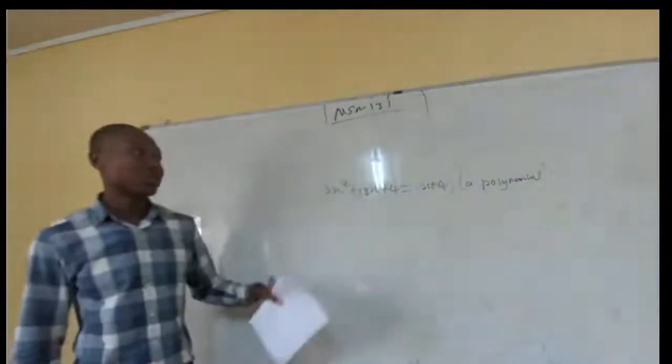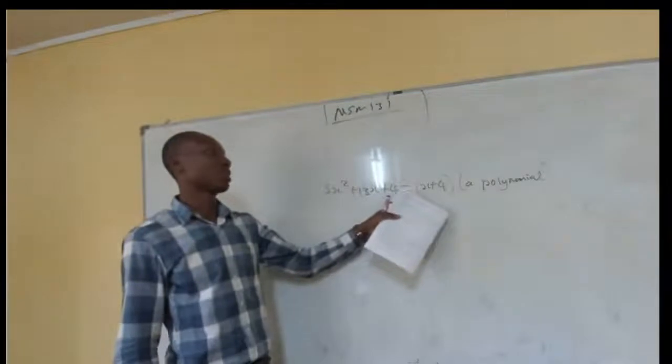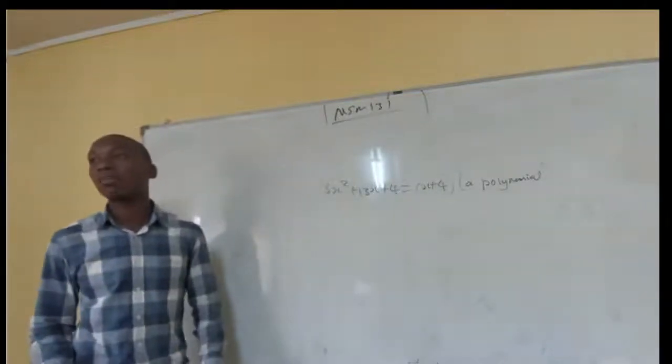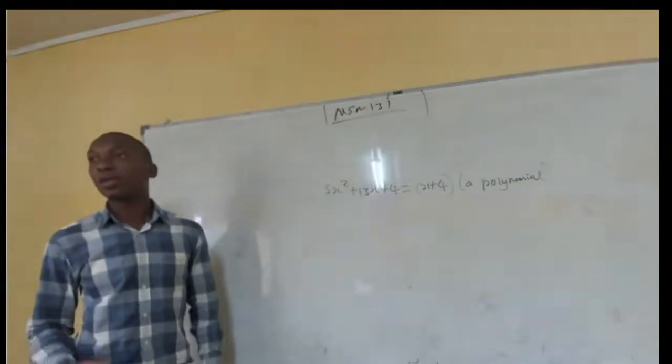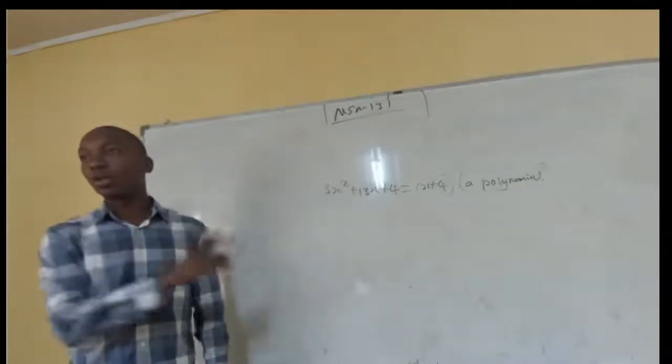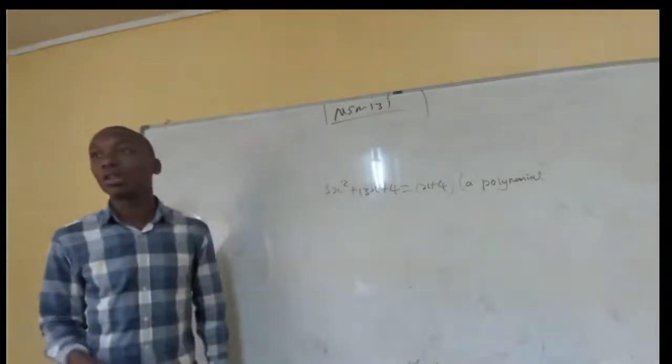So we're being told that 3x squared plus 13x plus 4 is equal to x plus 4 multiplied by the polynomial. Now the question is, what's the degree of the polynomial in question?